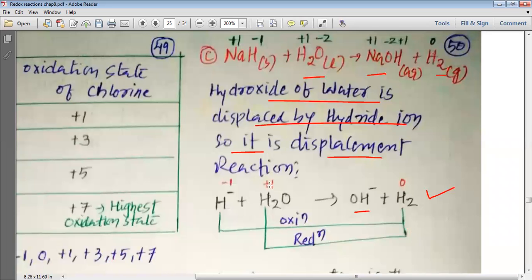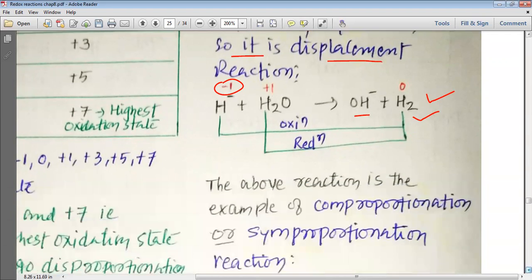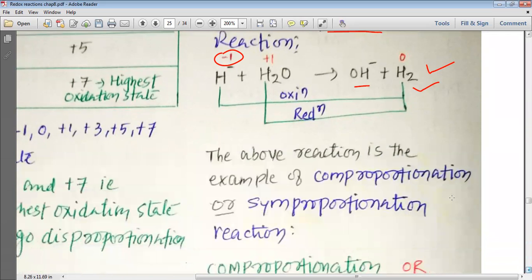Here, hydrogen from plus 1 oxidation state goes to 0 oxidation state, which is a reduction, and hydrogen from minus 1 oxidation state goes to the 0 oxidation state, which is an oxidation. So here you can see that both these hydrogens go to 0 oxidation state. So here something happens which is exactly opposite to the disproportionation reactions.